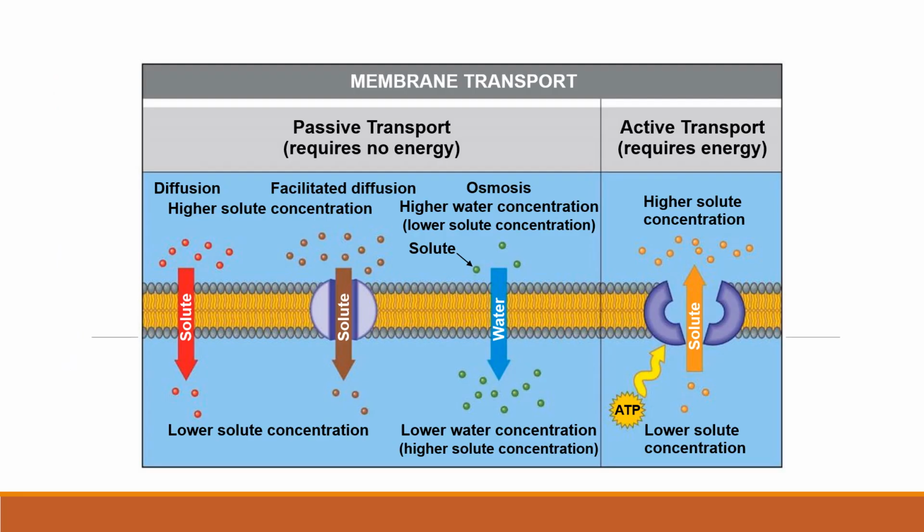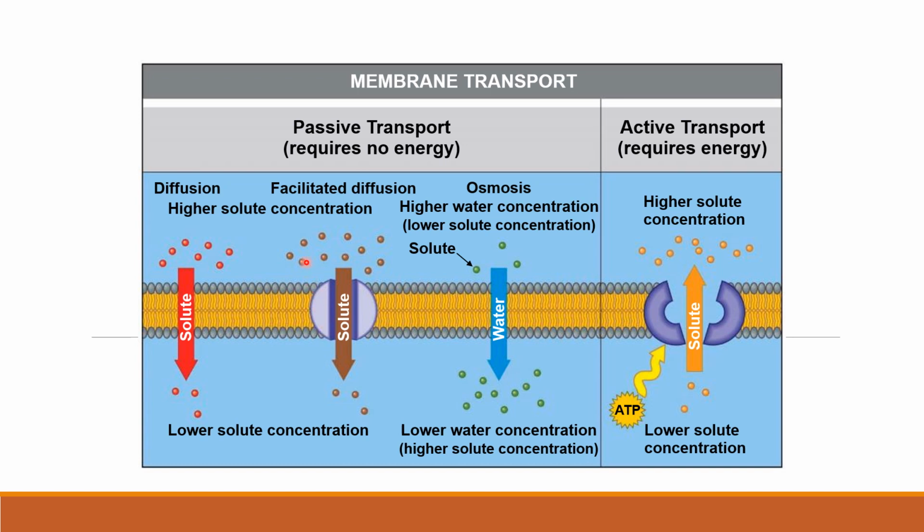This image right here summarizes passive transport. We talked about two types of passive transport, diffusion and osmosis. With diffusion, we have simple diffusion, where the molecules pass directly through the plasma membrane, or facilitated diffusion, where the molecules pass through channels.